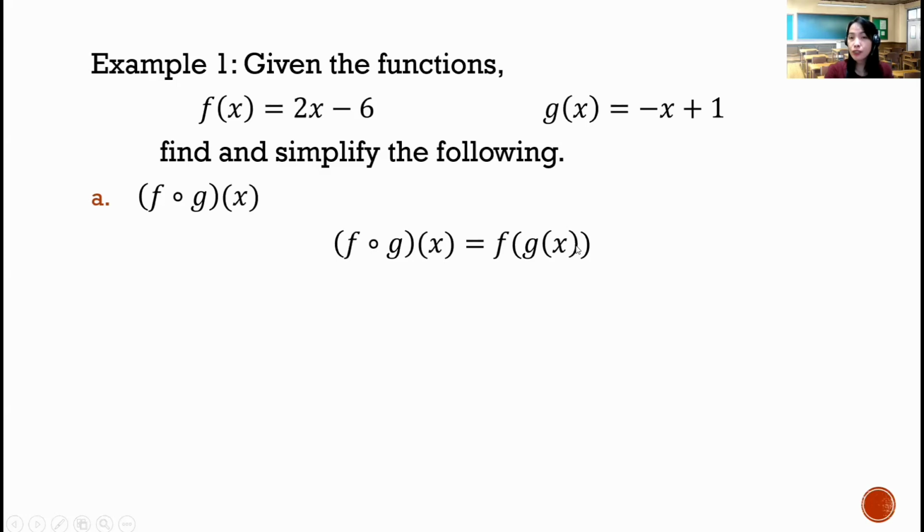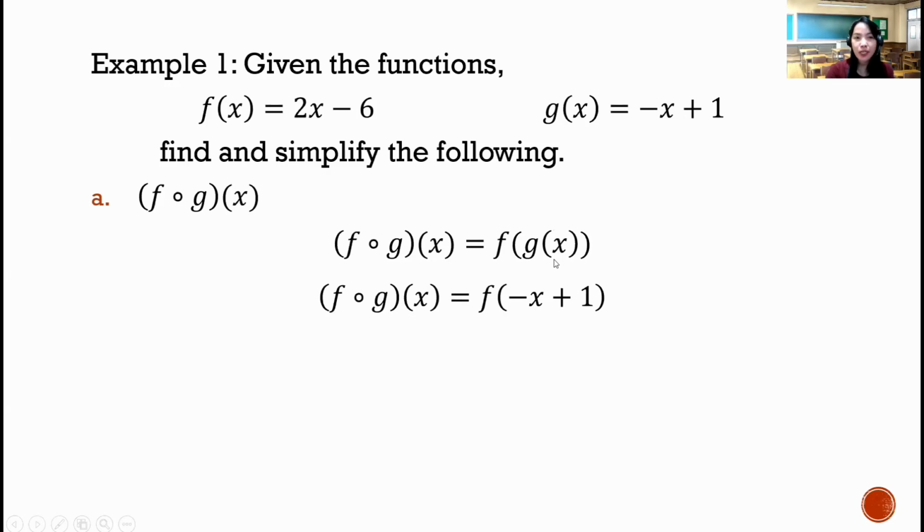Kung mapapansin niyo, yung nasa loob ng parenthesis ay ang function na g of x. Ibig sabihin, you're going to replace all the x variables in the function f of x with the value of g of x, which is negative x plus 1. So that will become f of g of x that is equal to f of negative x plus 1, which is the value of g of x.